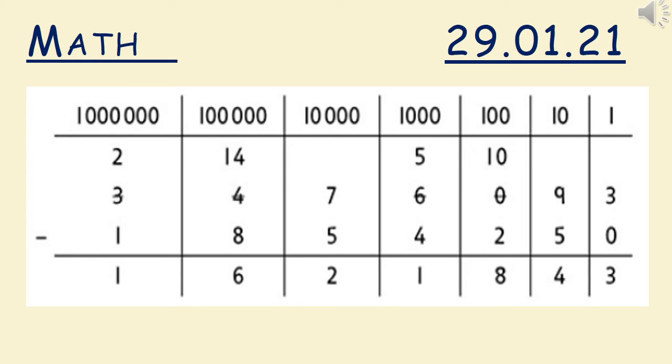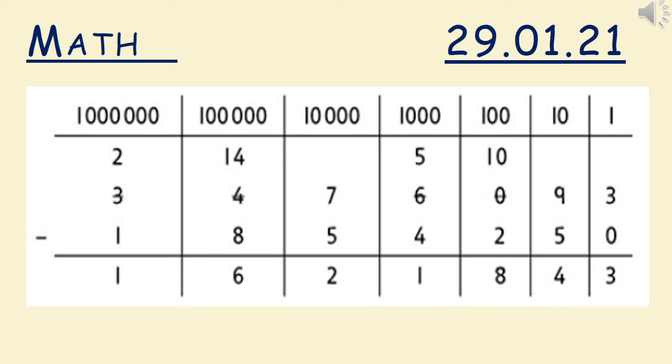So again, we start in the units column. 3 subtract 0 is 3. 9 subtract 5 is 4. 0 subtract 2 gives us a negative number, so we're going to take 1 from our neighbour. So 10 take away 2 is 8.